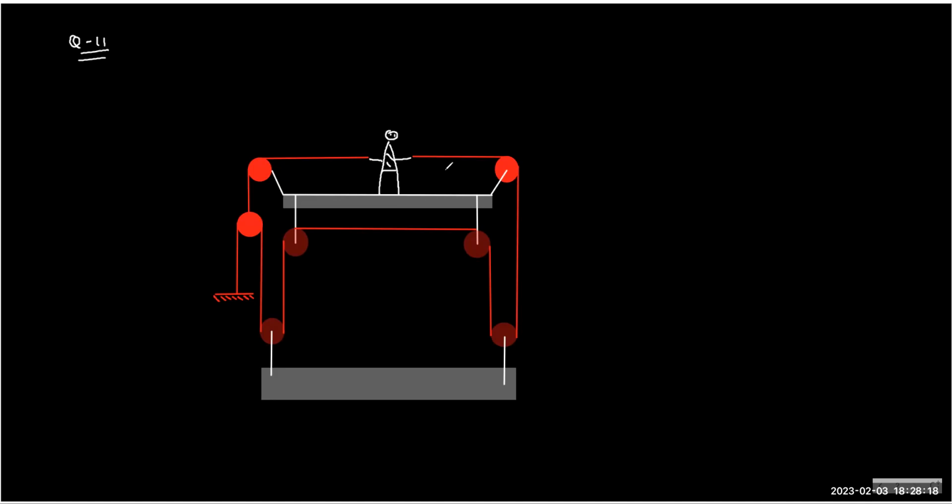So now this is the question. Tell me, how many strings do you see here in total? How many strings do you see here?